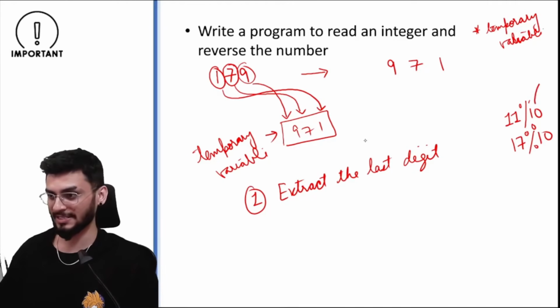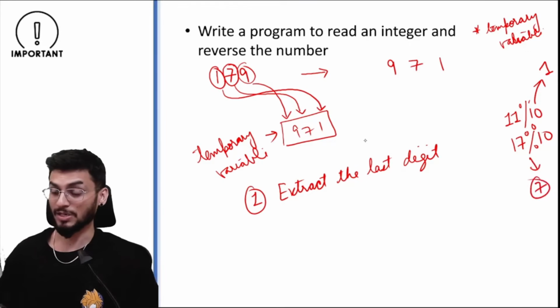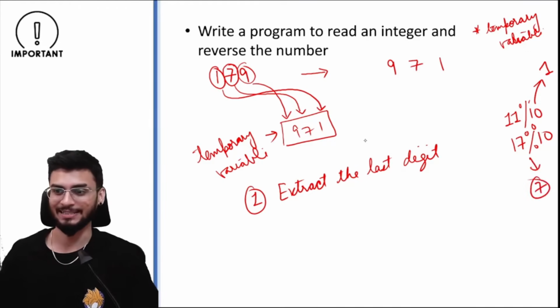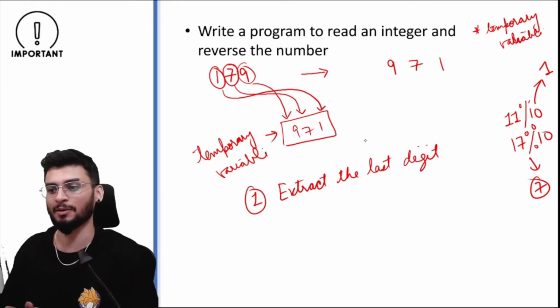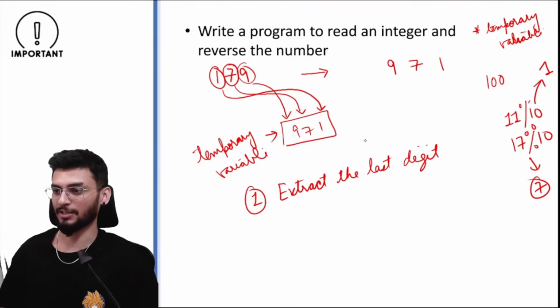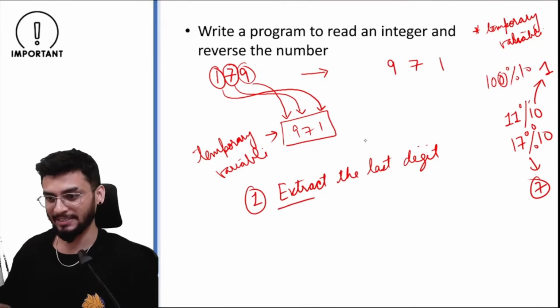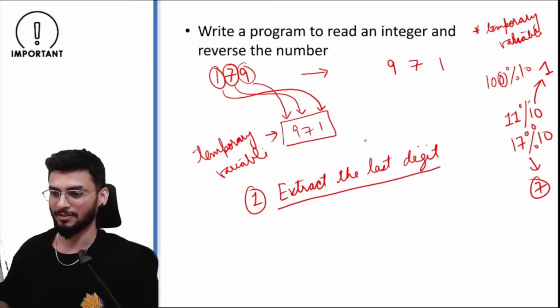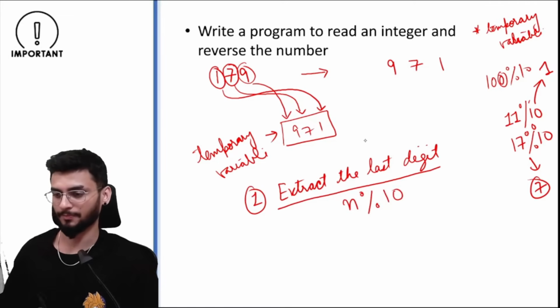So in both of these cases, the remainder is 1. In this case, the remainder is 7. So remainder essentially means that it is the last digit of your number. What should be the remainder for this? It should be 0. Right? So the last digit comes out to be 0. So extracting the last digit means we divide the number, let's assume it as 10, by 10.